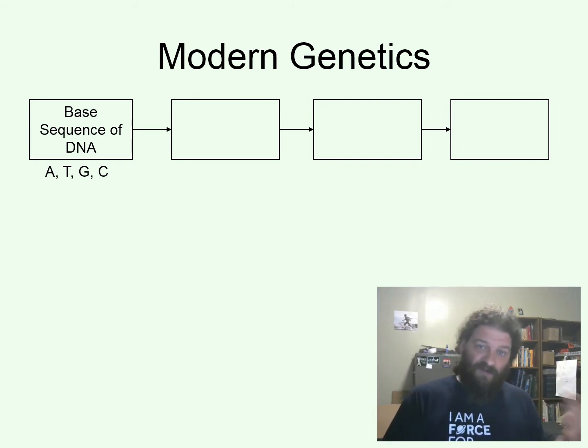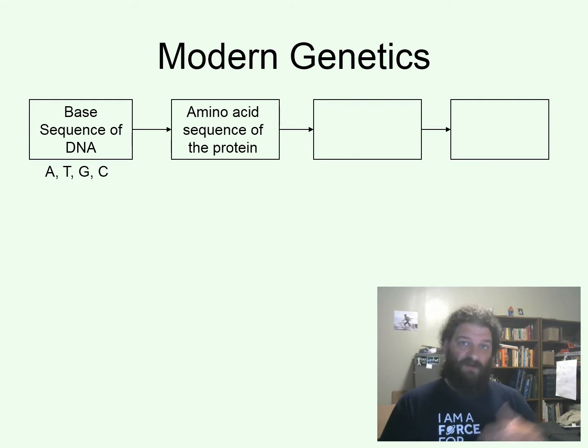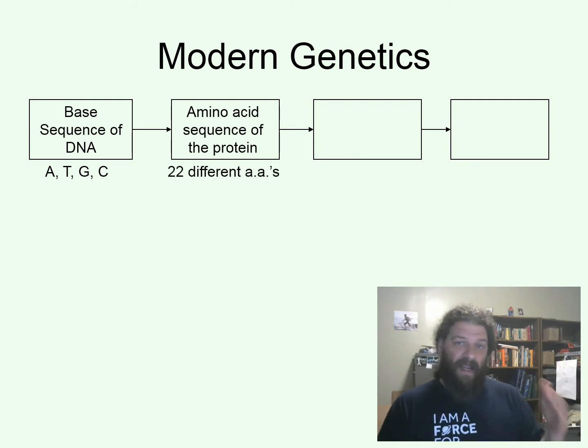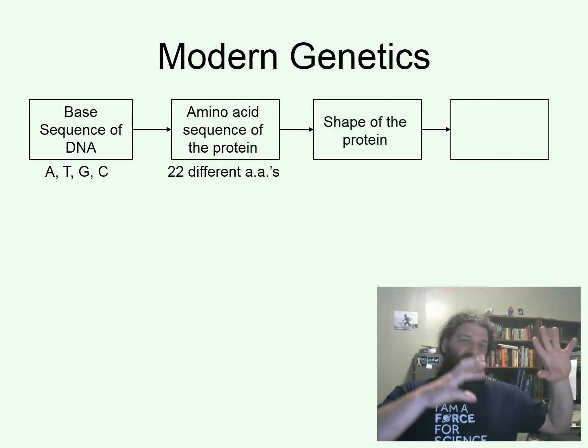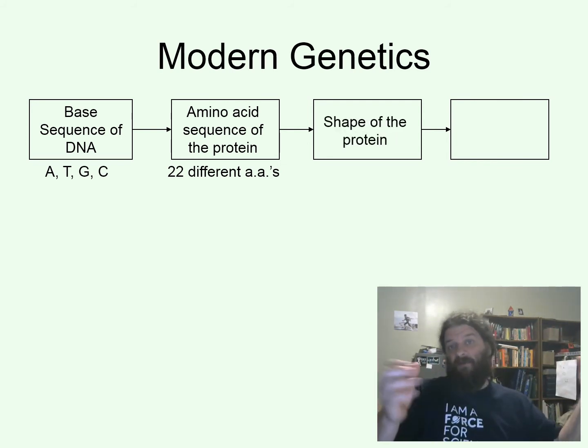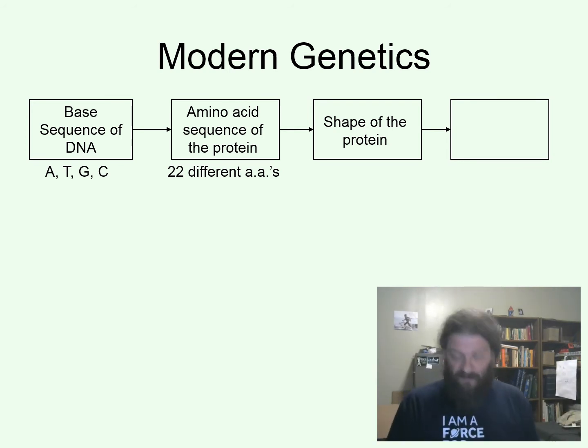So the sequence of A's, T's, G's, and C's directly determines the sequence of amino acids, all those different 20, 22 different amino acids in a particular protein. It's the sequence of amino acids that's going to determine, by all of those interactions with the water and the bonding between themselves, that's going to bend a particular polypeptide or chain of amino acids into a particular shape.